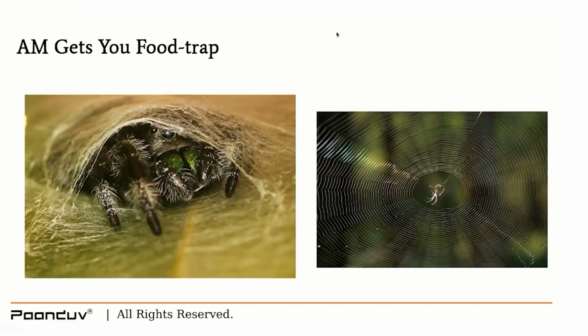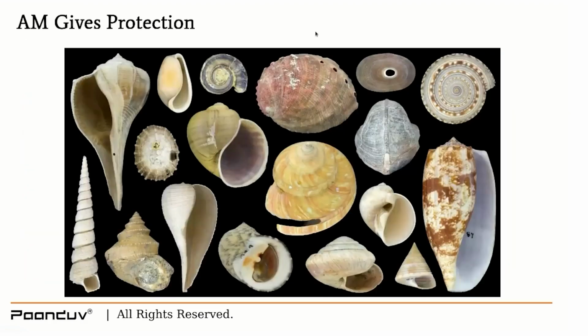Before we jump into additive manufacturing, I strongly believe that all scientific research and inventions have deep inspiration from nature, and AM is not an exception. Here, a spider makes a web to trap the prey.